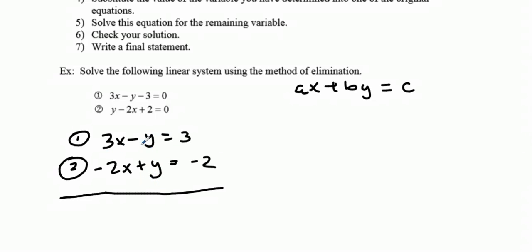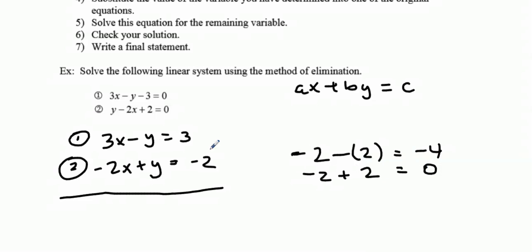If I subtract, I don't, right? So minus, say, 2 minus positive 2 is going to equal negative 4. But minus 2 plus positive 2, that's going to equal 0. And if I have a 0 coefficient in front of my variable, it's like 0 times y, which is just 0, right?